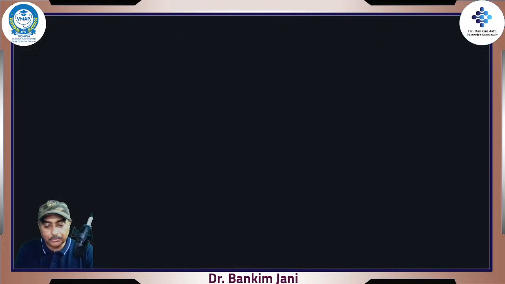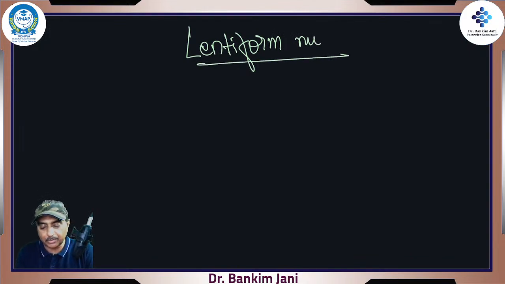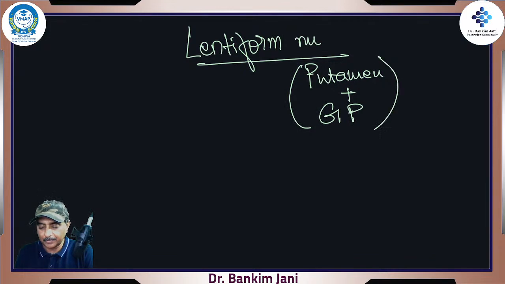Let's move on to our second one, and that is putamen and globus pallidus, right? So we'll call this thing lentiform nucleus, and lentiform nucleus is a combination of putamen plus globus pallidus, right? And globus pallidus has got an internal part and an external part.